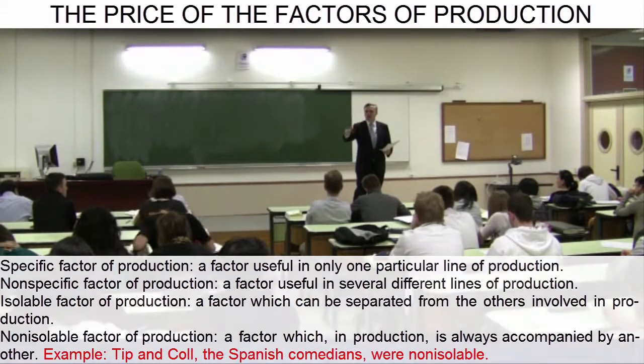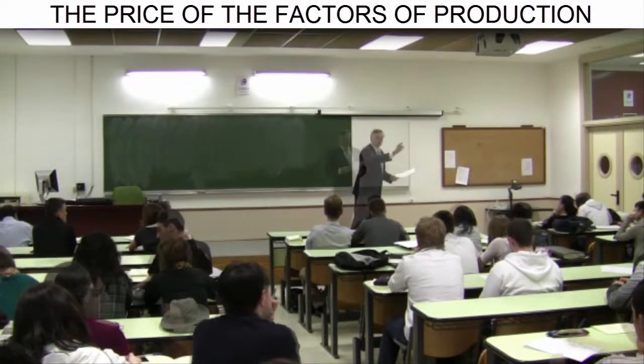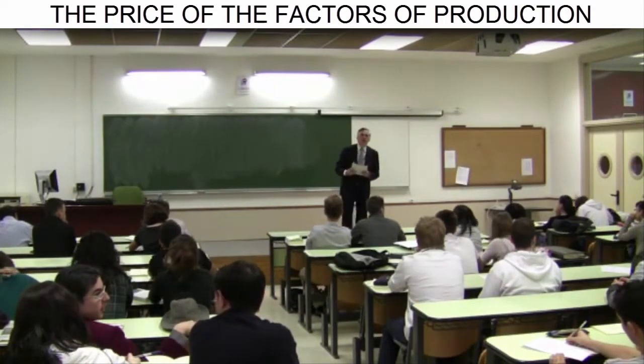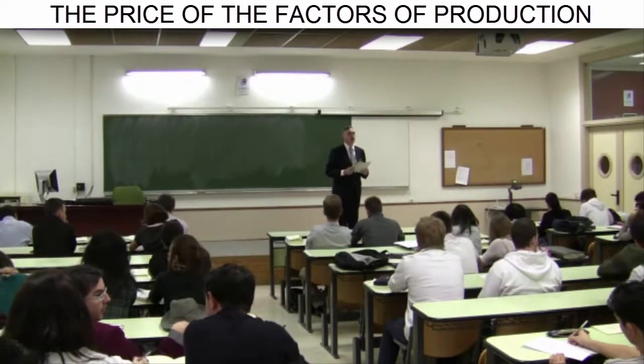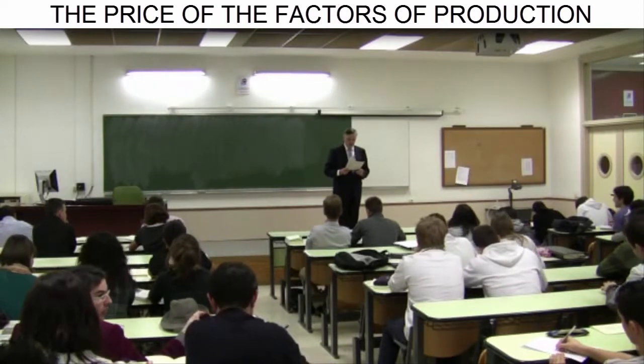Now, I will set out the essential principle, or the economic law of tendency, which explains or determines the value, the market price, which tends to be established for the factors of production.